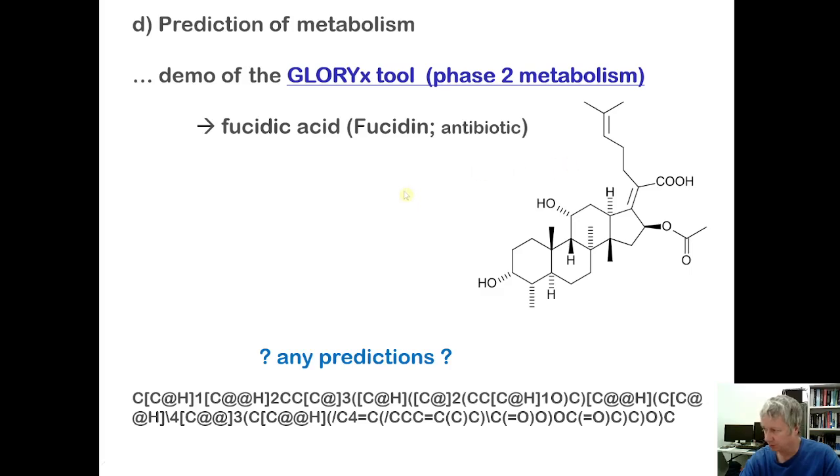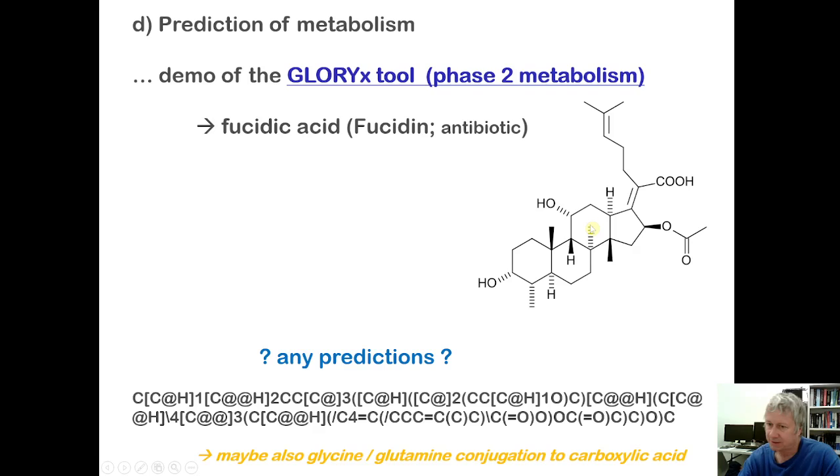All right, so I think I made this note that maybe glycine or glutamine conjugation to the acid. I think with the earlier version of Glory, it didn't show that, but this newer version, the GloryX tool, did actually predict glycine or glutamine conjugation. So that's cool.